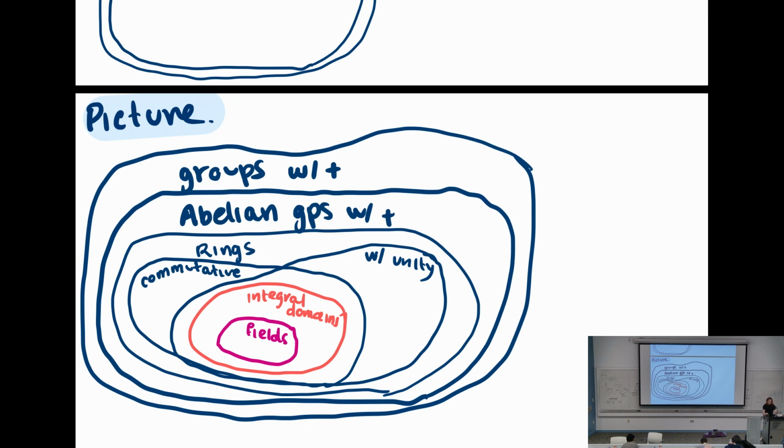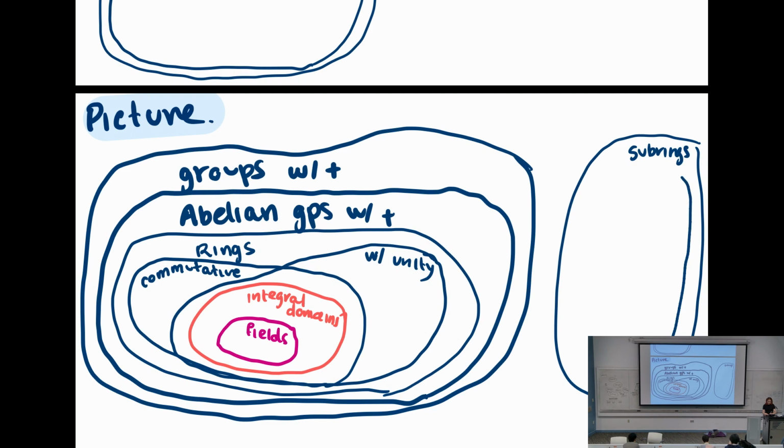And then I'm going to make a corresponding picture on the right of types of subrings. So among all subrings, we've mostly been interested in ideals. And so far, in the last two lectures, we've shown that within ideals, we have something called prime ideals.